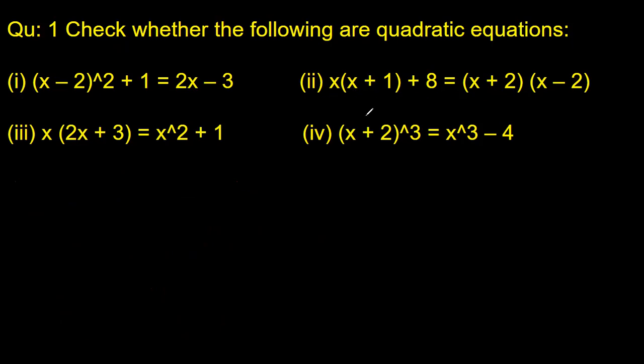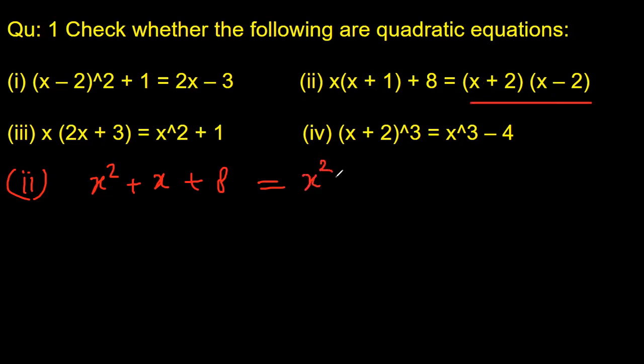We can simply open the bracket for the second one, right? So x into x is x squared plus x. Now plus 8 is equal to x. See, this is a formula also, (a plus b)(a minus b) is equal to a squared minus b squared. B is 2, right? 4.